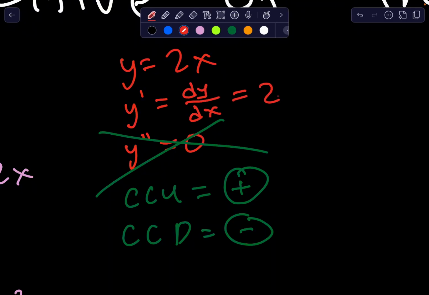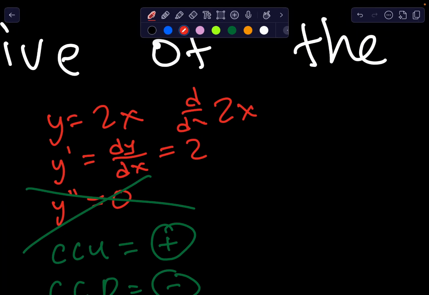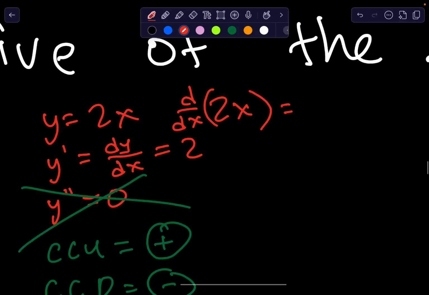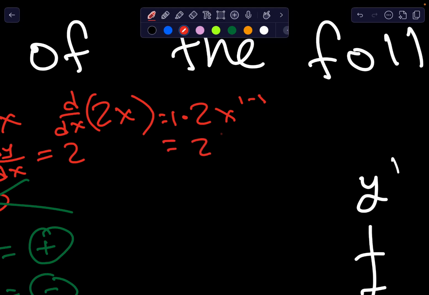That equals 2, because we just do our power rule. 2x, and then the derivative equals 2 x to the 1 minus 1, and you multiply this by 1, you move that forward essentially. Then you just have 2, because that's 2x to the 0.